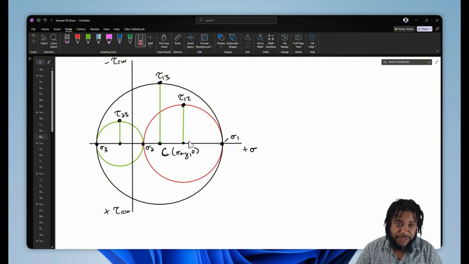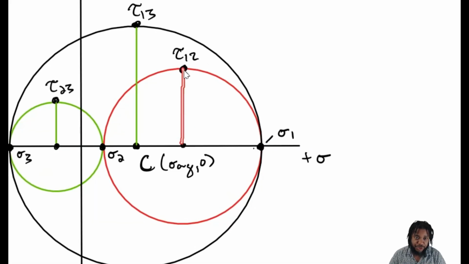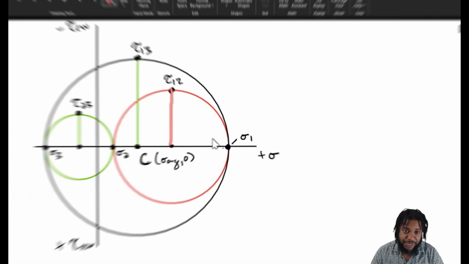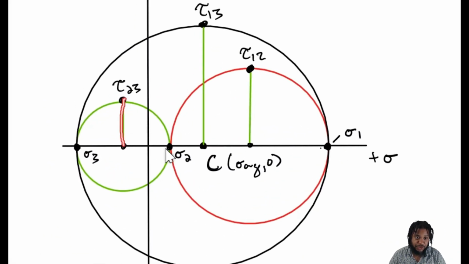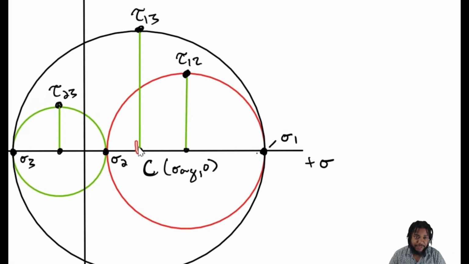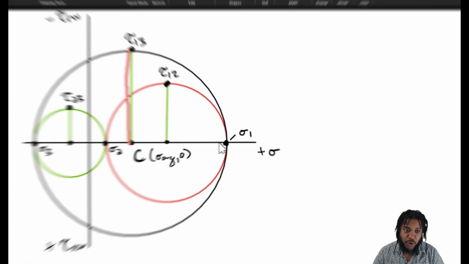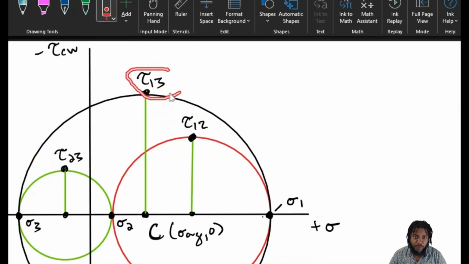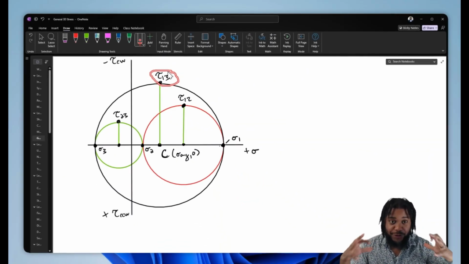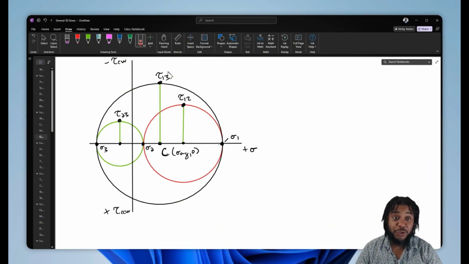And then the radii of our 3 circles are the extreme valued shear stresses that sit between sigma 1 and 2, between sigma 2 and 3, and between sigma 1 and sigma 3, with the overall maximum extreme value shear stress being the largest circle that we see.